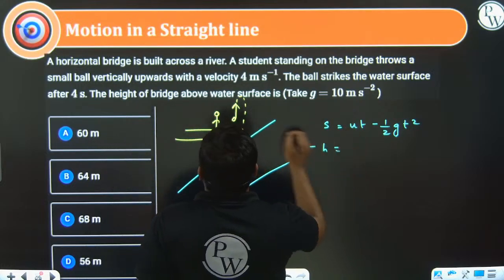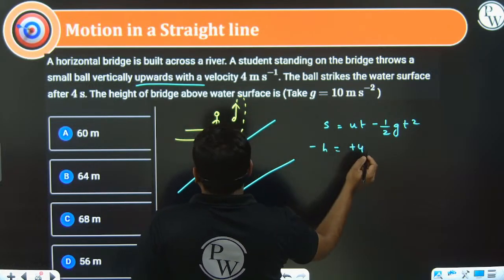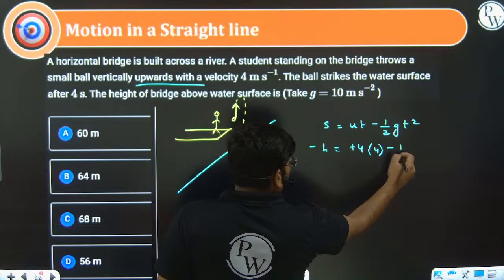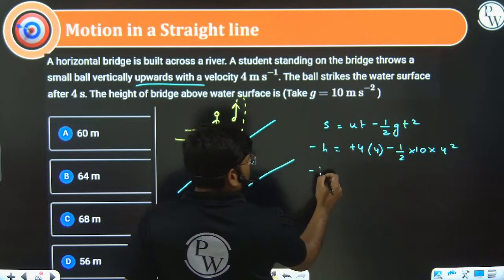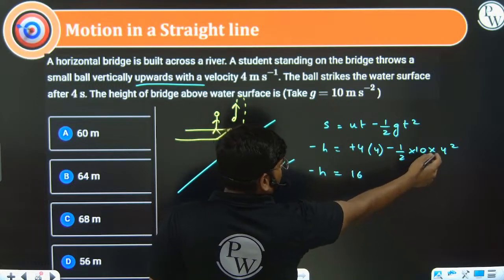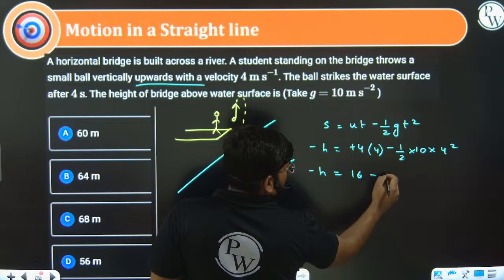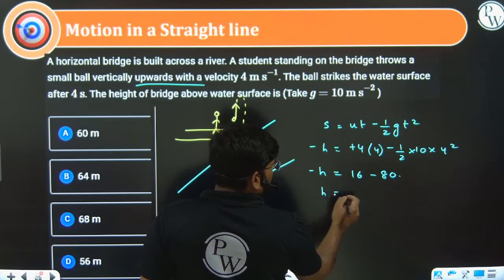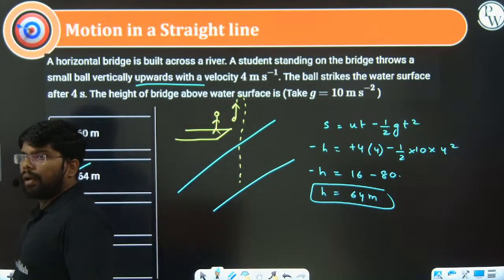Velocity is upwards, so I should take plus 4, and time is given 4, minus half g into 4 square. So minus h is equal to 16 minus 80, so minus 64. So h is 64 meters. The height of the bridge is 64 meters.